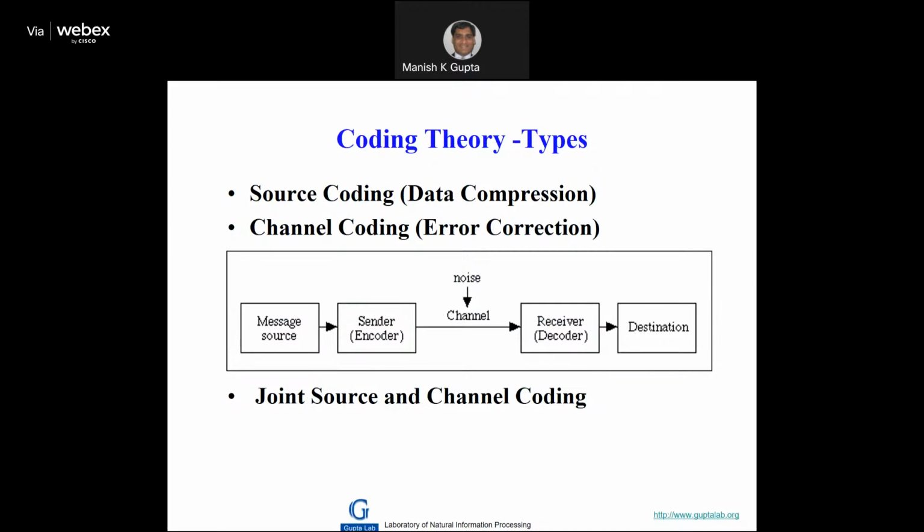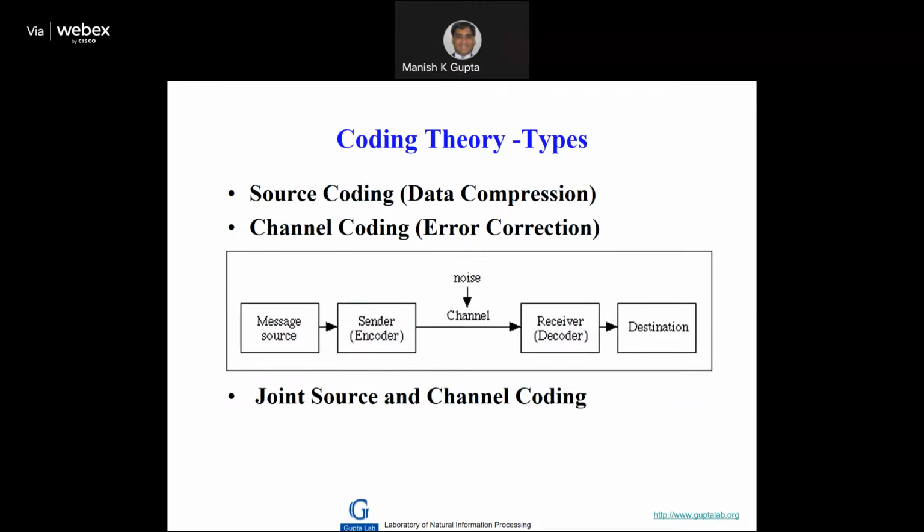Channel coding. There is a channel, there is a message, the sender will encode the message and send it across the channel. Noise will be there anyway in any kind of communication. The receiver will receive it, then use the decoder, and then you get the actual information, right?